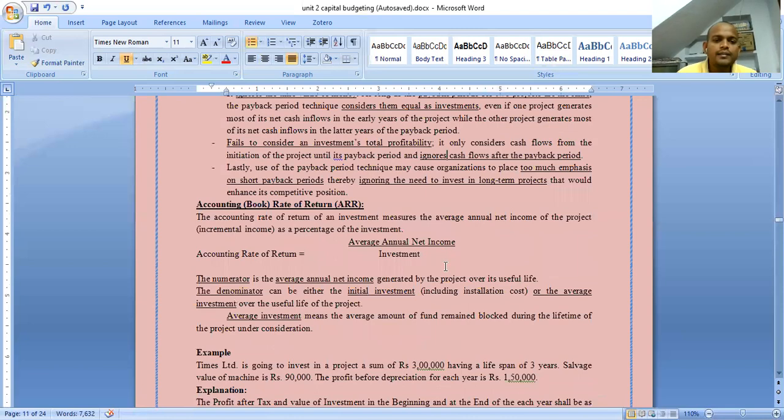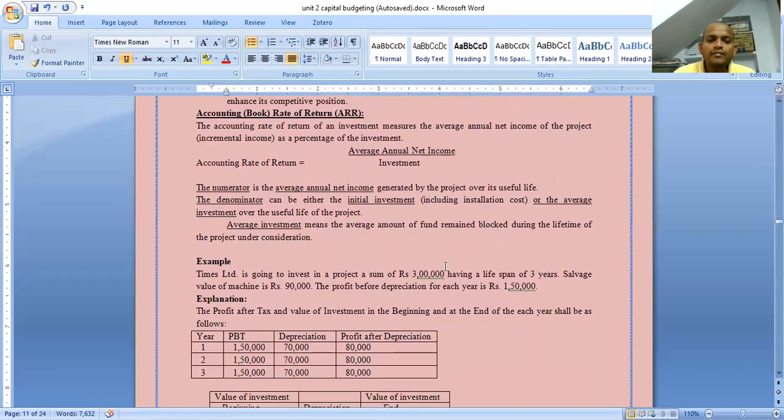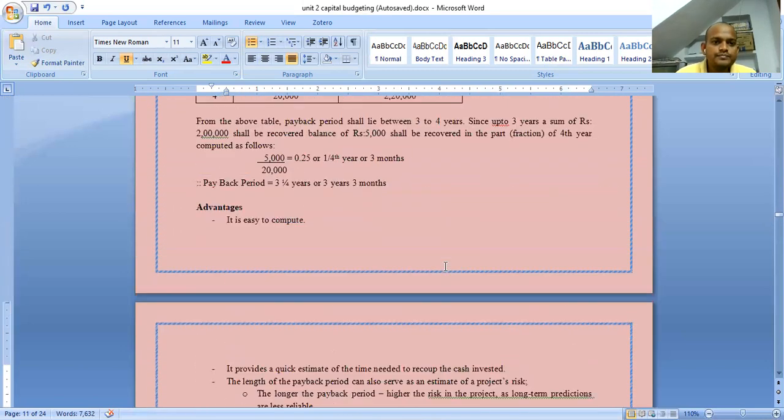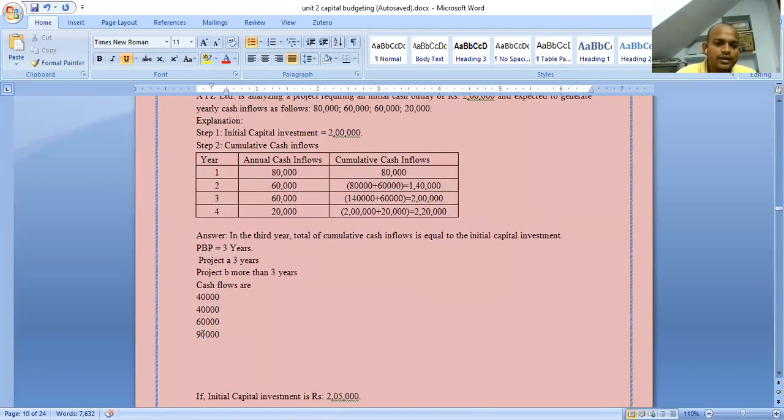And another method is accounting rate of return. Accounting rate of return measures the average annual net income of an investment. See, in the payback period method, it is not considering the 90,000 returns in the fourth year, right?